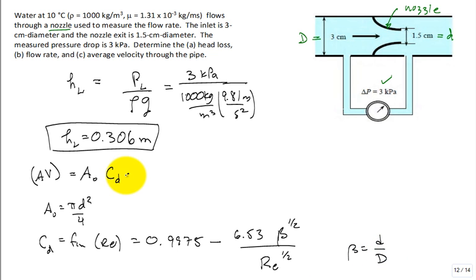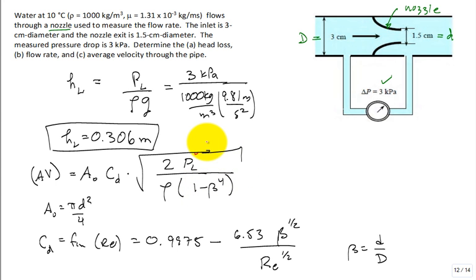All right, let's finish out our equation for the volumetric flow rate. You have the square root of 2 times the pressure loss divided by the density, 1 minus beta to the 4th.